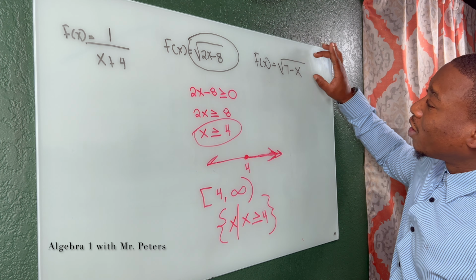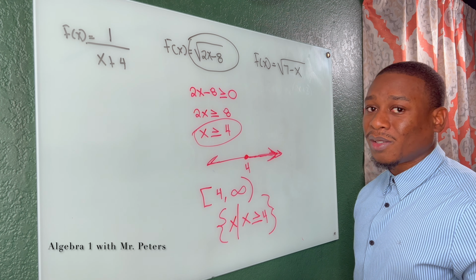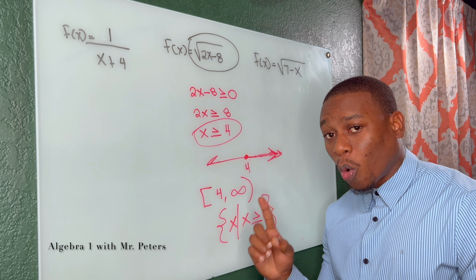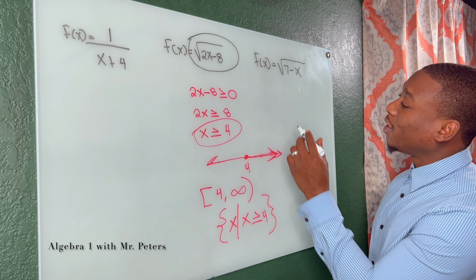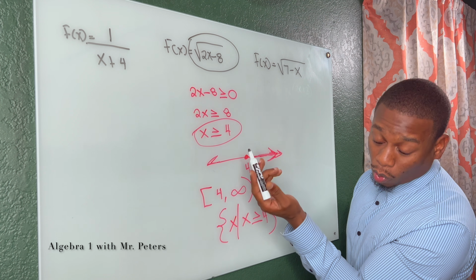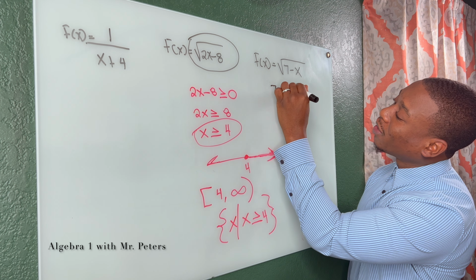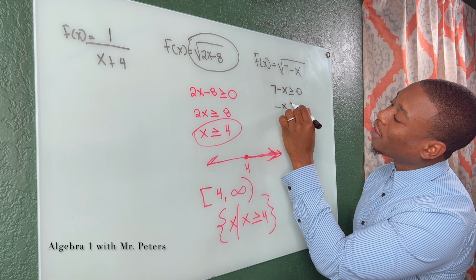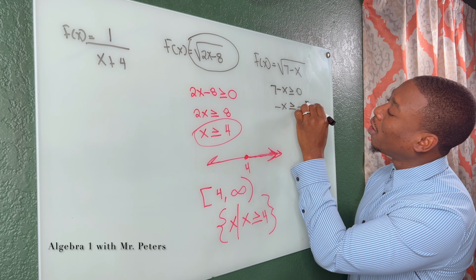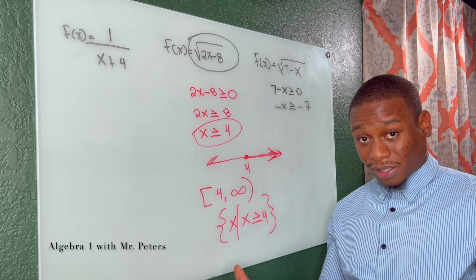Now let's say we go to this other example, and the reason why students will get this wrong is because of one simple inequality rule. So we already know we have to set this greater than or equal to 0. So now I have 7 minus x is greater than or equal to 0. When I subtract 7, I have negative x is greater than or equal to -7. Guys, please remember the x variable cannot be negative by itself.